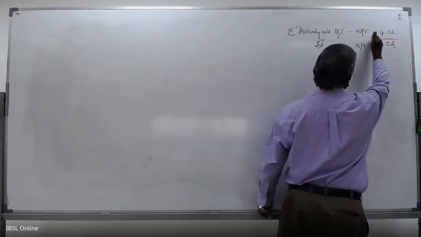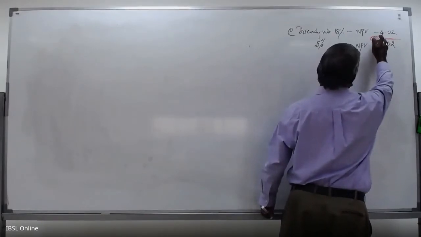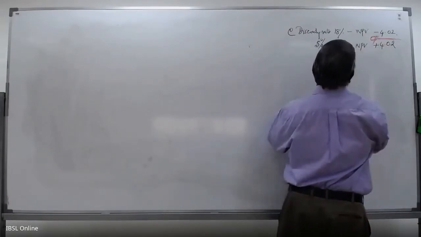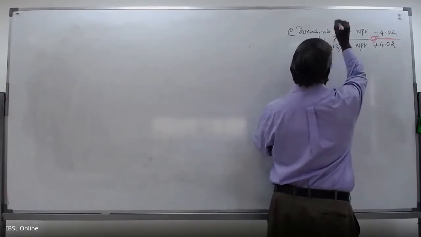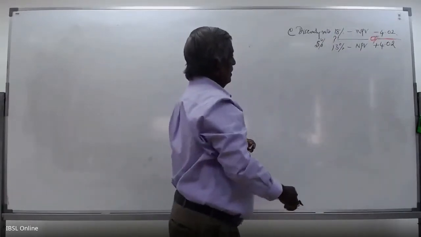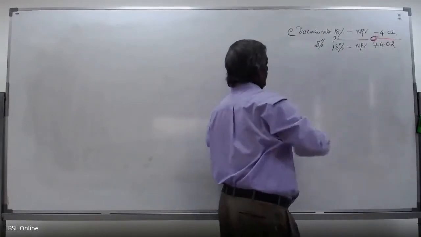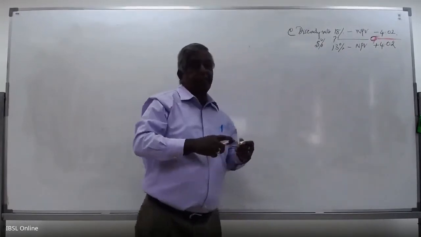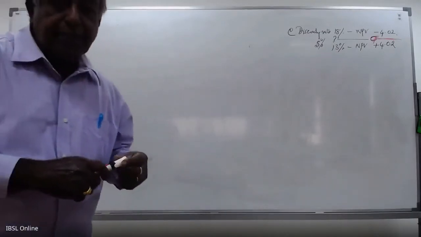At a certain state, it is neither negative nor positive; the NPV may be 0. At what discounting rate will the NPV become 0? Very simple to understand.